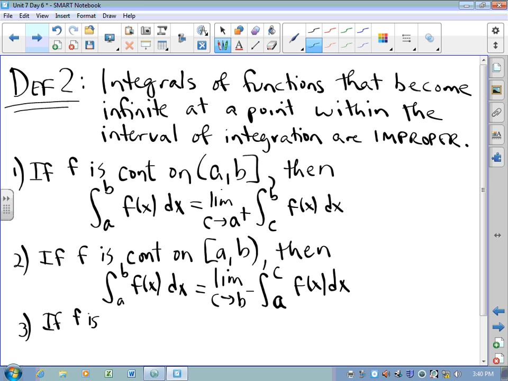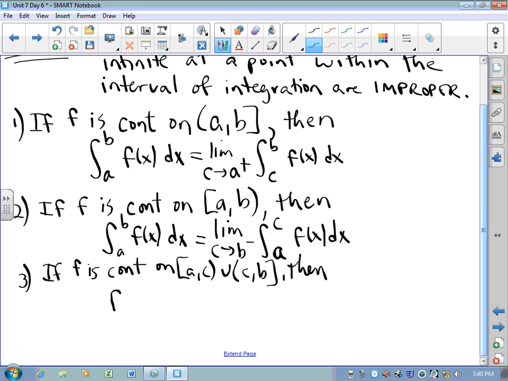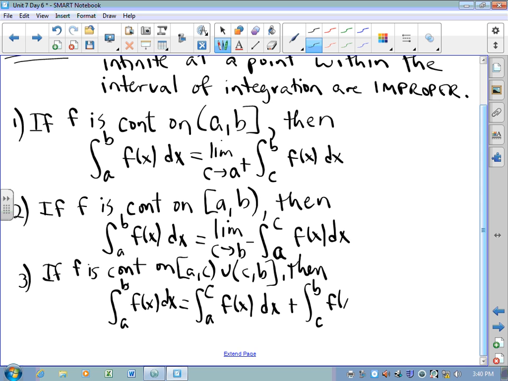If f is continuous on, let's just be ridiculous, everywhere except c, then the integral from a to b of f of x dx is the integral from a to c plus the integral from c to b.